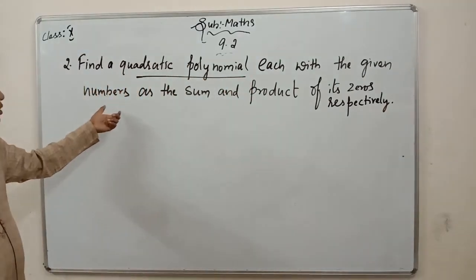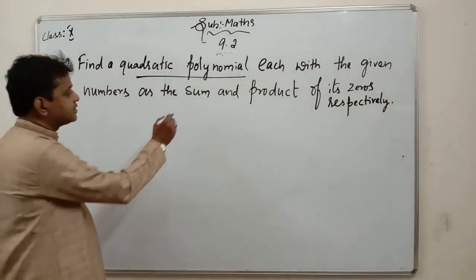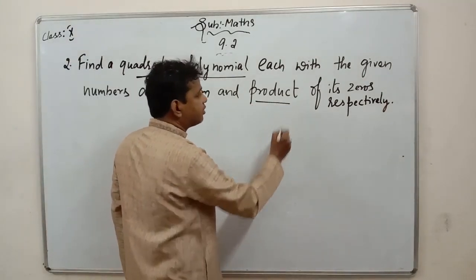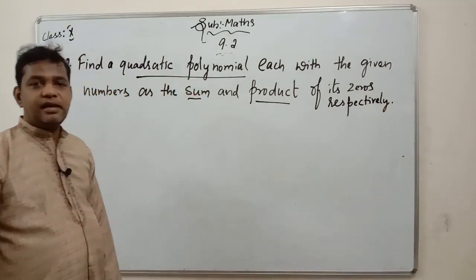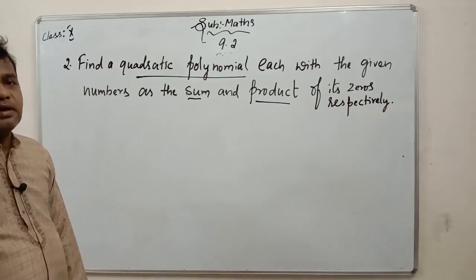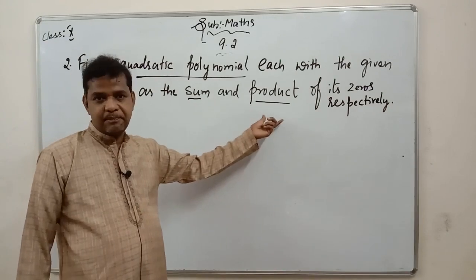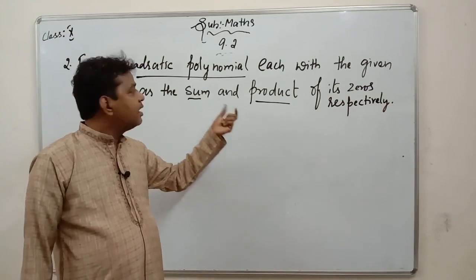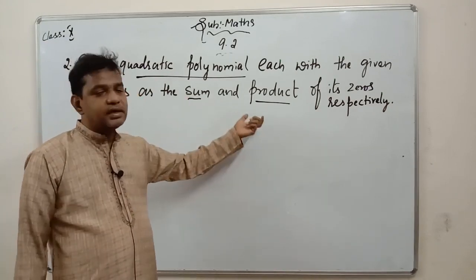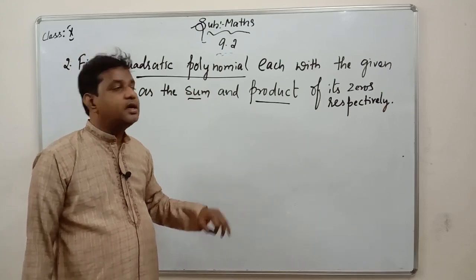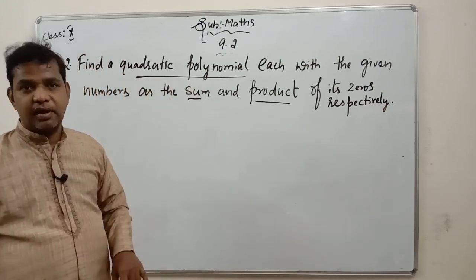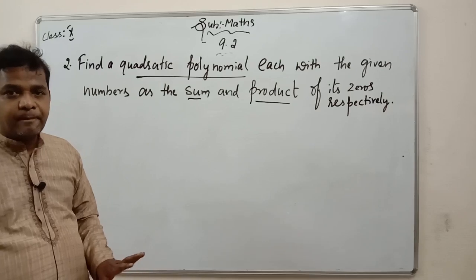He has given the sum as well as the product of its zeros. In the last problem, we used to find the sum and product, but now he has given the sum and product and is asking us to find the quadratic polynomial. Understood clearly?